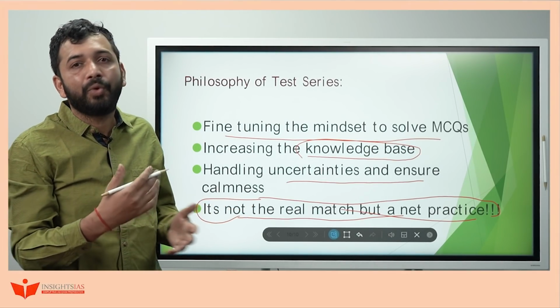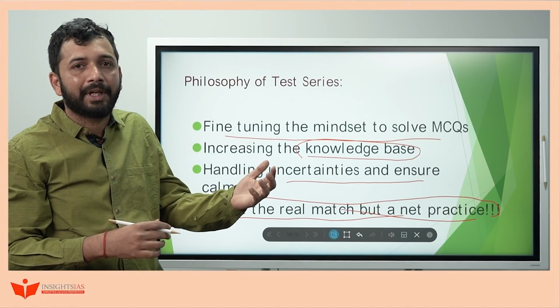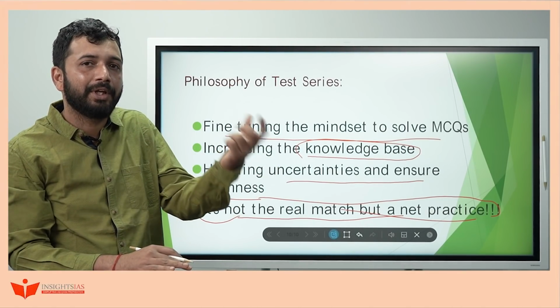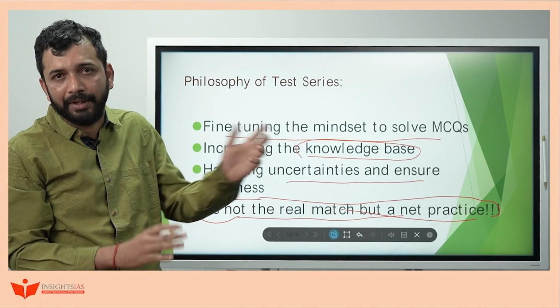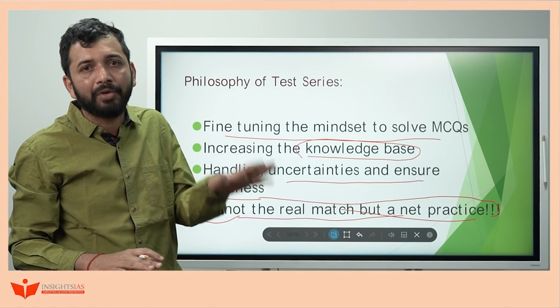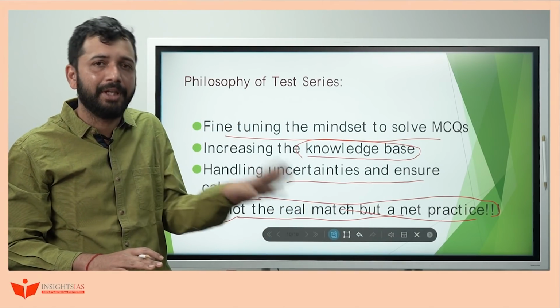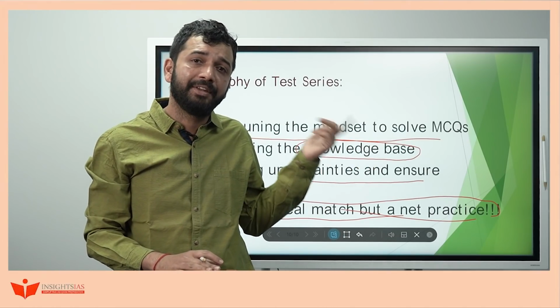So here it is more about practice. You understand your weakness and work upon it, and your strength, so that whenever you take chances, you know, this is my strength, I can take more chances in these topics. So it will help you to understand yourself. This is more about making many errors, and it's fine, so that you don't make such mistakes in the examination hall.